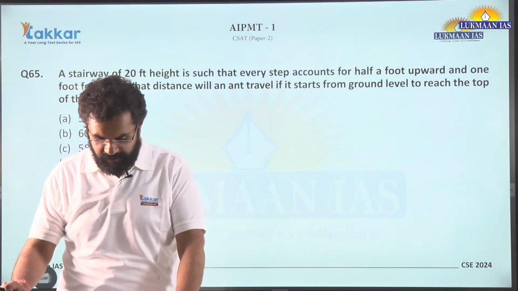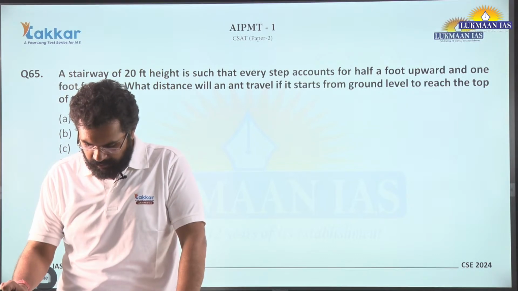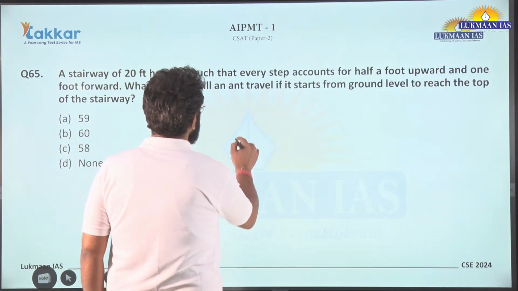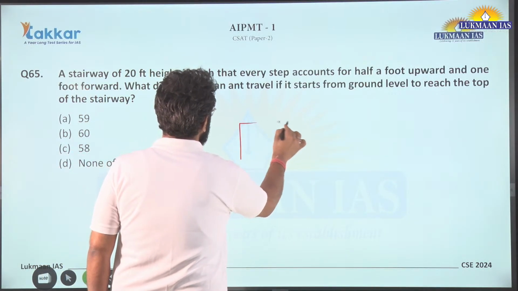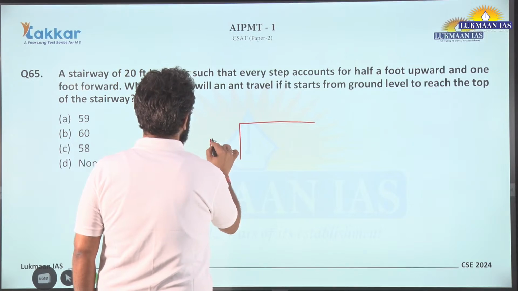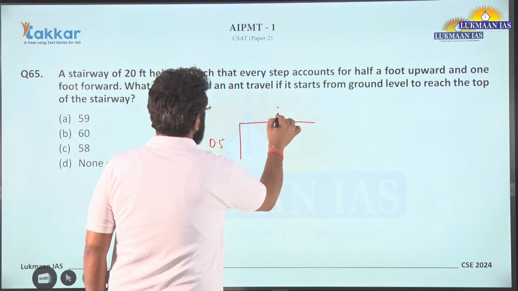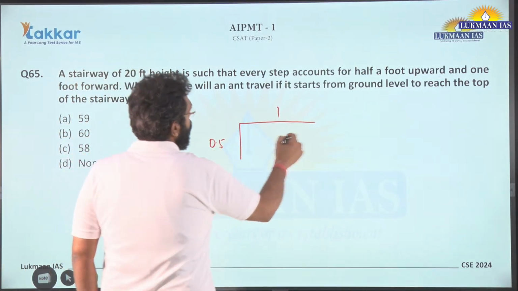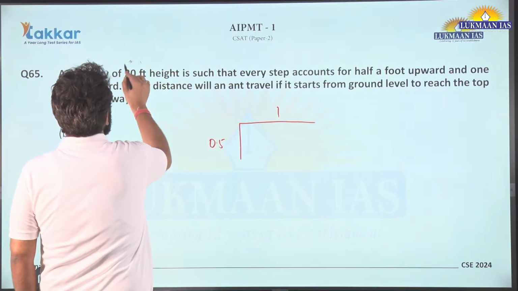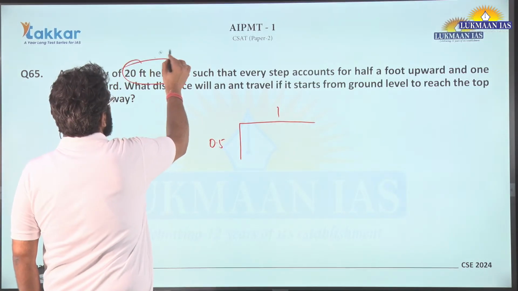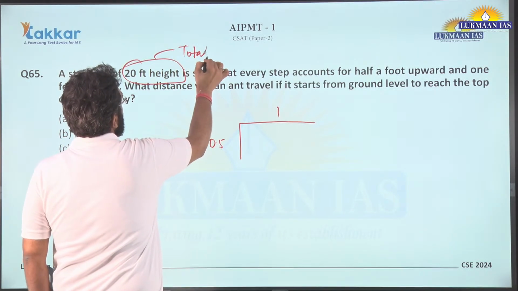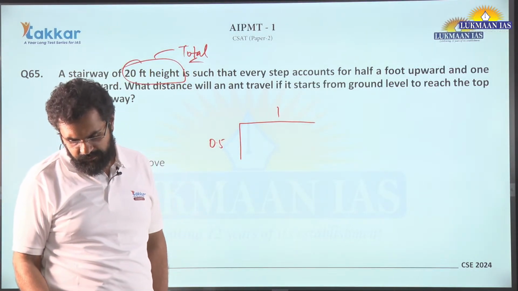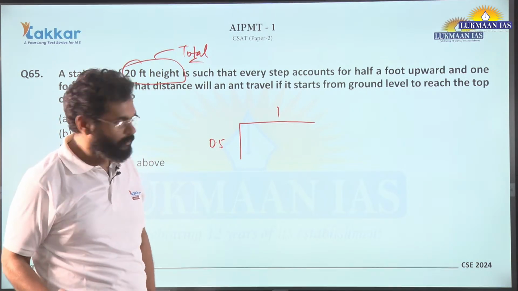A stairway of 20 feet height is such that every step accounts for half a foot upward and 1 foot forward. What distance will an ant travel if it starts from the ground level to reach the top of the stairway?